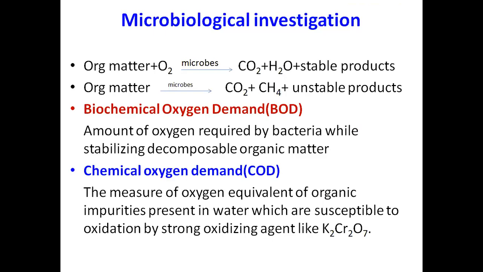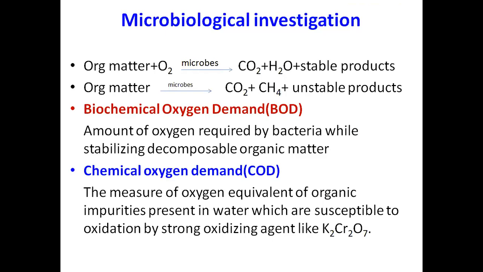That means the aquatic life, marine life, or microbacteria present in water will need more oxygen in order to convert the organic matter into stable products. It will need more oxygen, right? And therefore, we can say the water has high BOD, biological oxygen demand.